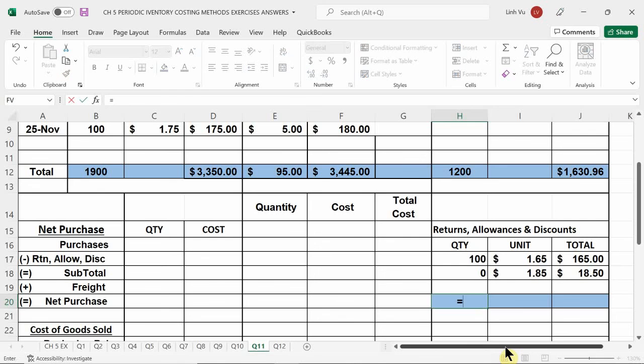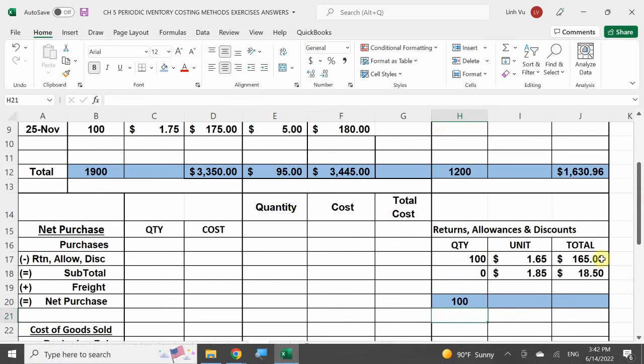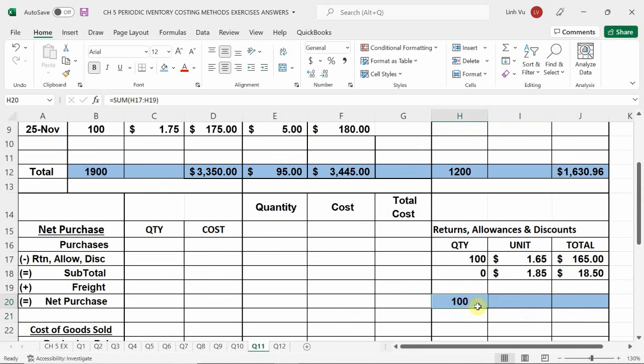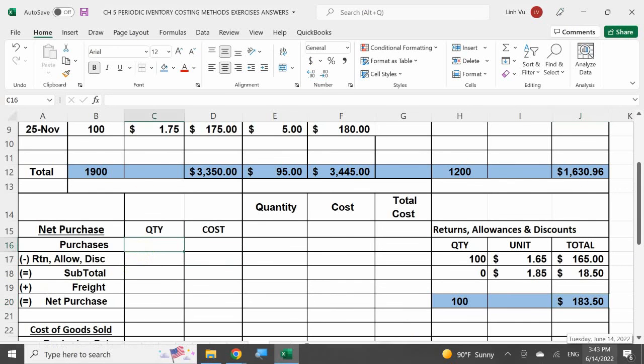So how many items did I return in grand total? We only returned 100 items, but our total refund was $183.50. So we have all the numbers that we need to solve for our inventory worksheet right here.